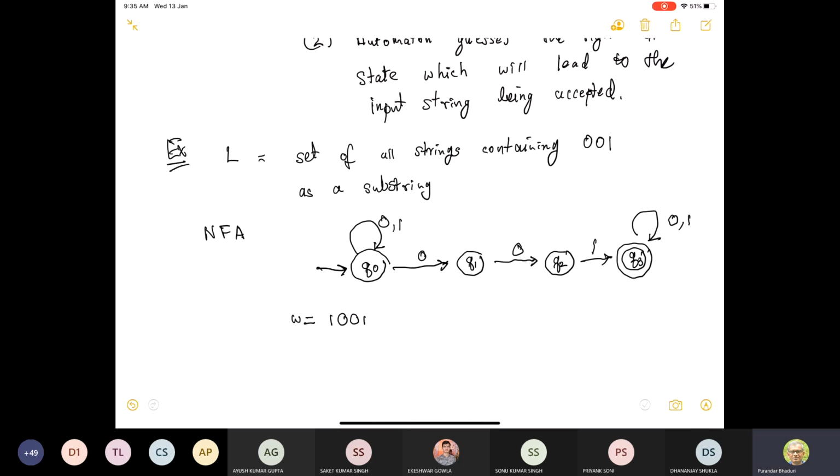One possible run of this automaton is you start in Q0, of course. Then on a 1, you remain in Q0. There's no choice there. And then you see a 0. You have a choice. You can remain in Q0 or you can go to Q1. Suppose you decide to remain in Q0. So this is one run.